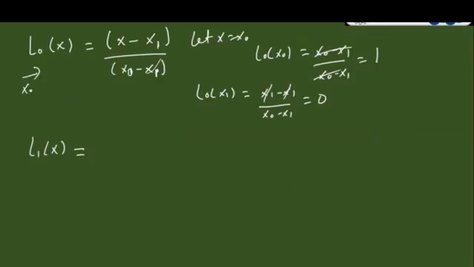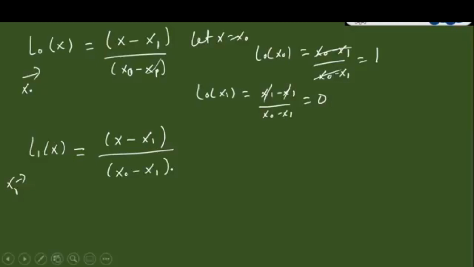I can see that in the numerator there is no x naught. So if it is related to x1, then I can have the same idea: in the numerator it will be x minus x1, divided by what? Because there are only 2 points, it is not going to be different. So what should I do? I have to subtract again, x naught minus x1.